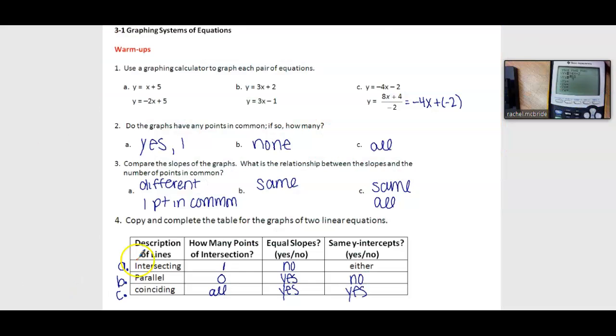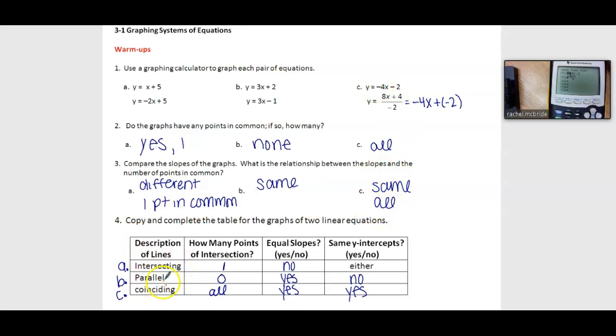All right, so we talked about part A, we talked about B and C in part 2, and then we compared their slopes in part 3. So the slopes of the lines in number 1 are different. The slopes of the lines in part B are the same. And here, if you simplify this fraction by dividing both parts, we see that the slopes once again are the same.